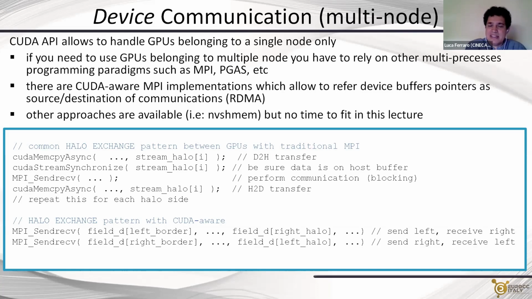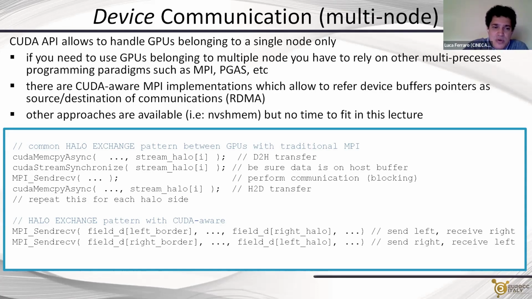So when the MPI send receive call has completed, the data is sent, other data is received into a buffer, then you take this buffer and you will make a CUDA memcopy async to the device to update your halo, okay? And you will do this for each side of the communications.